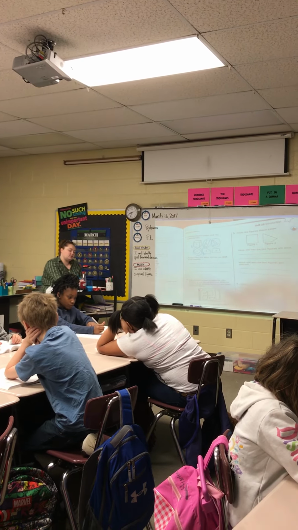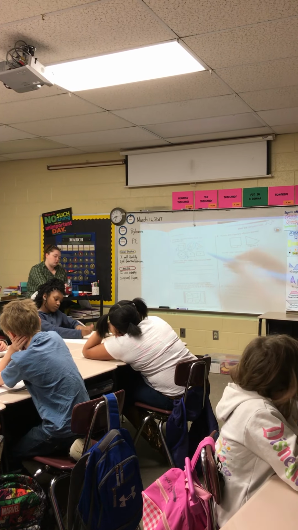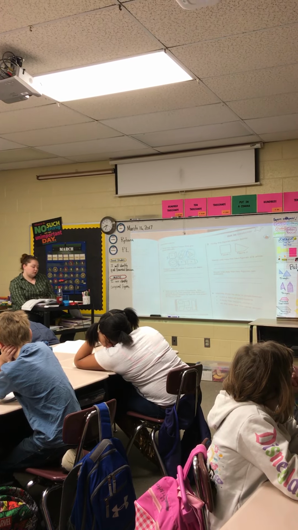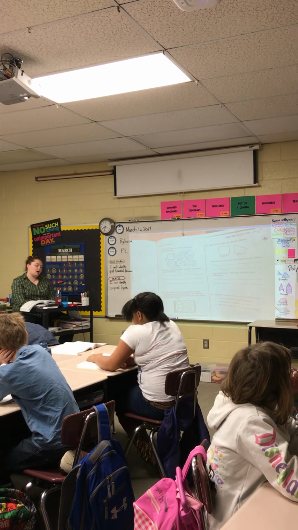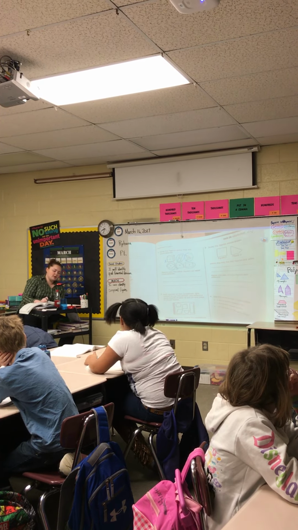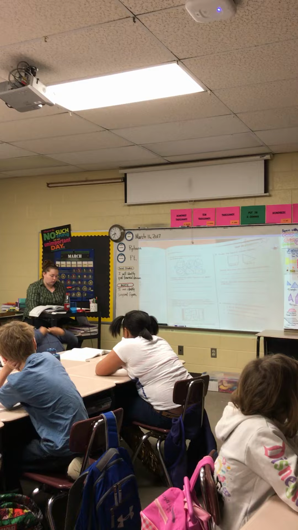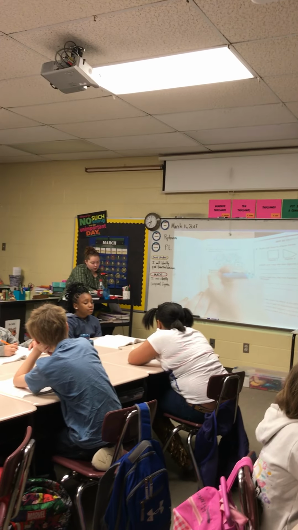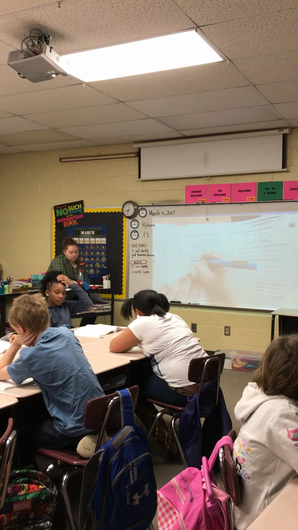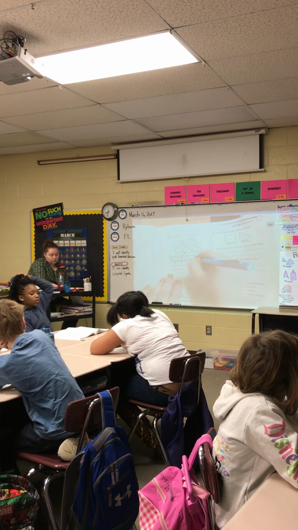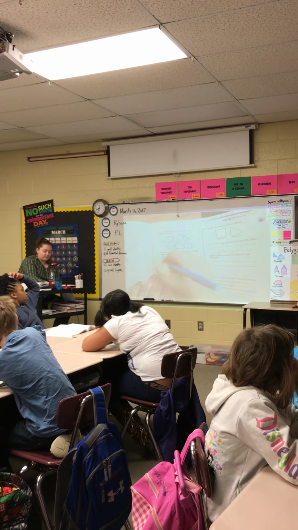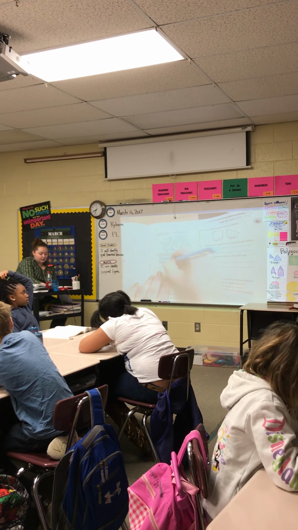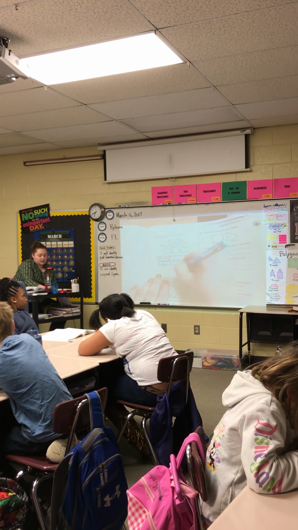And number 6 has 4 sides, which makes it a quadrilateral. So figures 2, 3, 4, and 6 below are quadrilaterals. Explain why the other figures are not quadrilaterals. Well, figure 1 is a cube, and figure 5 is a pentagon.